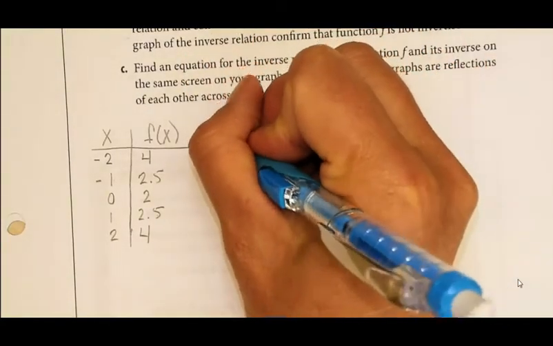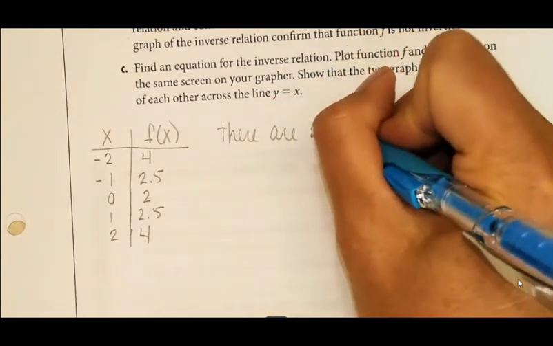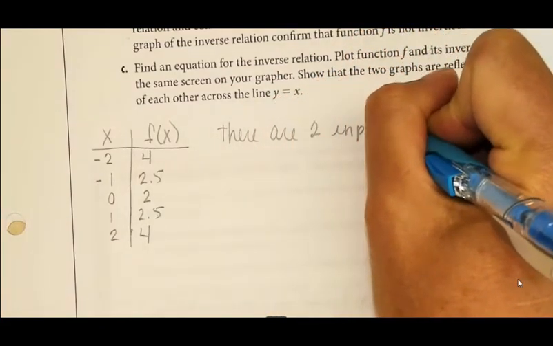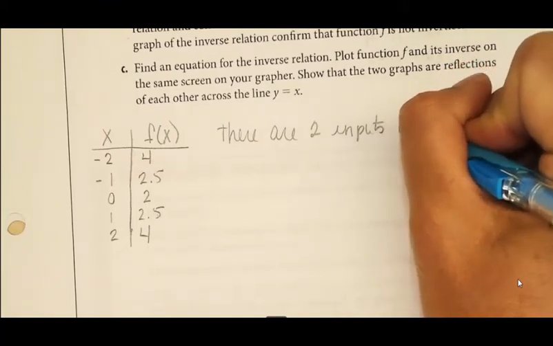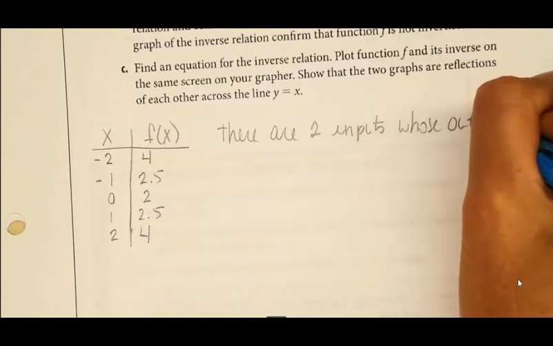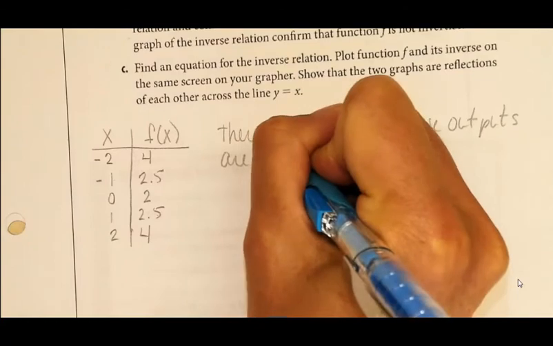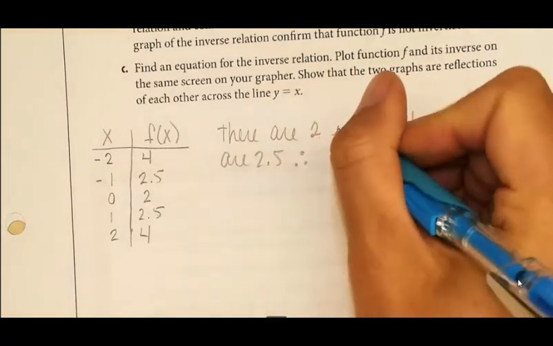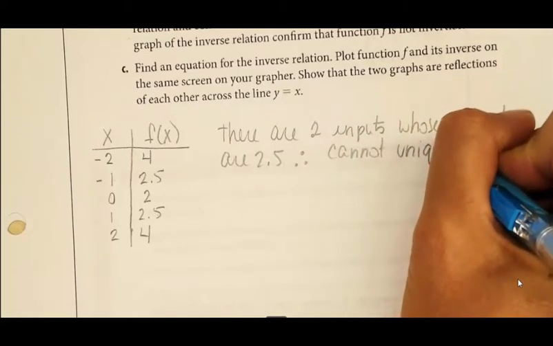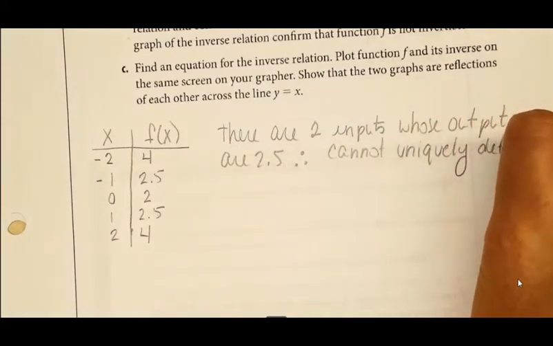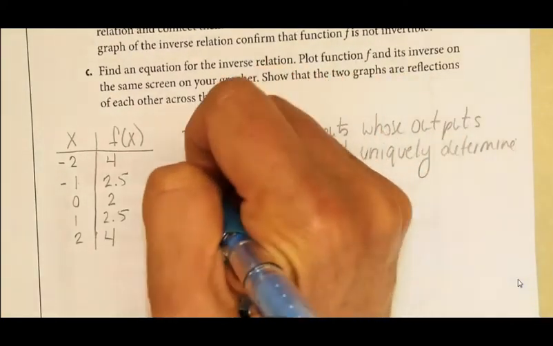So I can say that there are two inputs whose output are 2.5, therefore we cannot uniquely determine the value of x.